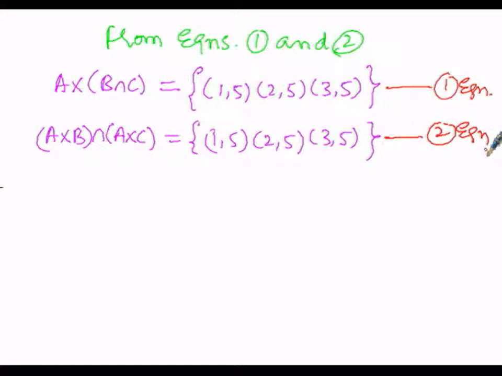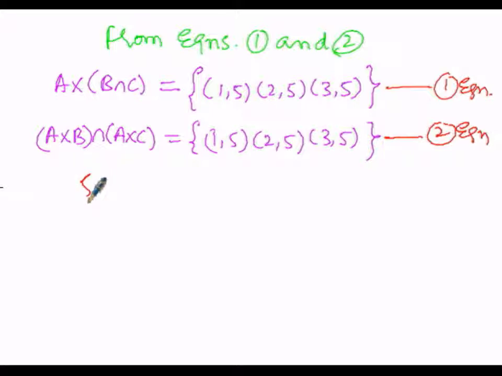From this it is clear that when we observe these two equations, the right hand side quantities are equal. In the first equation the set consists of 1 5, 2 5, 3 5, and similarly in the second equation the elements are 1 5, 2 5, 3 5. Since the right hand sides are equal, the left hand sides must be equated.